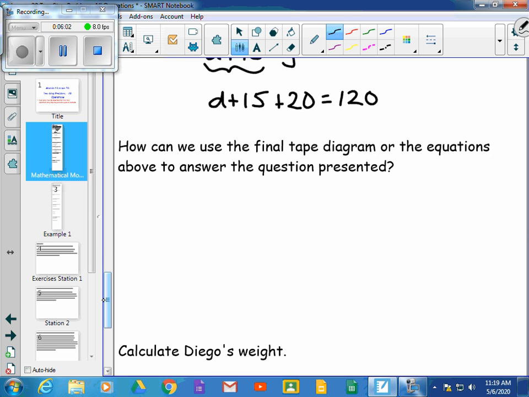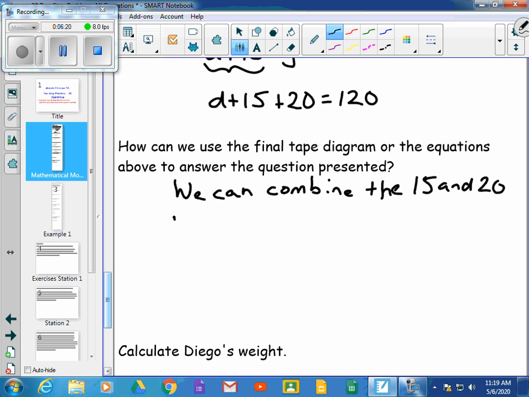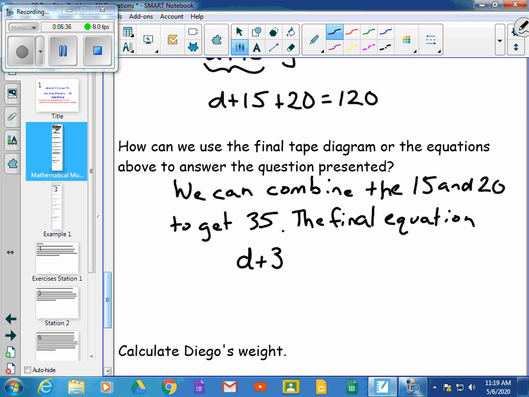Now it wants to know how we can use that final tape diagram or the equations above to answer the questions presented. Well, we can combine the 15 and the 20 to get 35. So if we simplify that, it makes it D plus 35 equals 120.